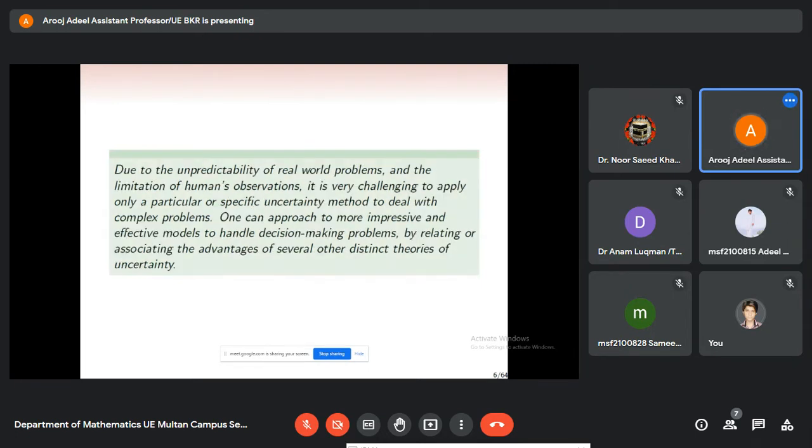of decision making. Due to the unpredictability of real-world problems and the limitations of human observations, it is very challenging to apply only a particular or specific uncertainty method to deal with complex problems. So one can approach more impressive and effective models by handling decision-making problems through relating or associating the advantages of several other distinct theories of uncertainty.